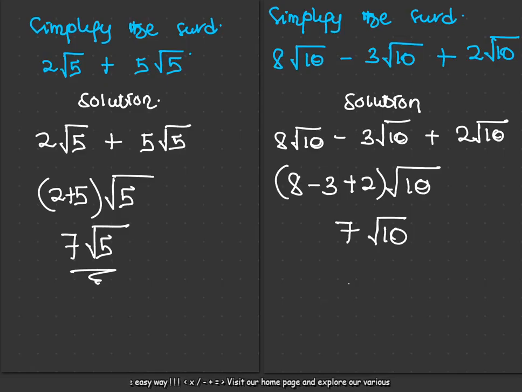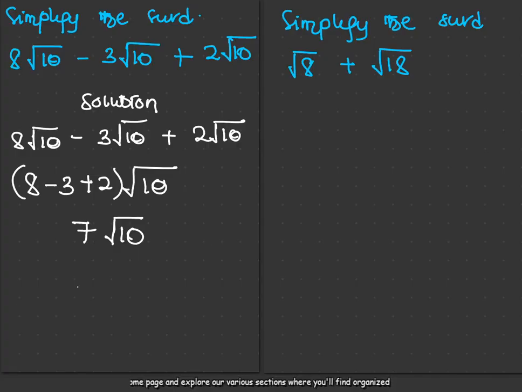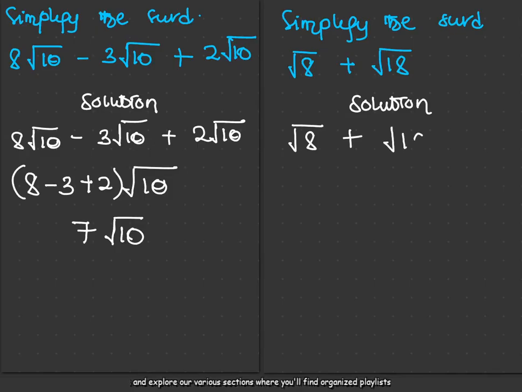Now there are instances where the surds aren't just as these. Let's take some examples where we are going to apply that. For this example here, we have to simplify root 8 plus root 18. Now, you might say, well, since our radicands aren't the same, we can't do anything about it.